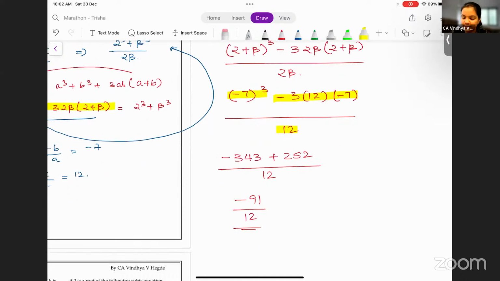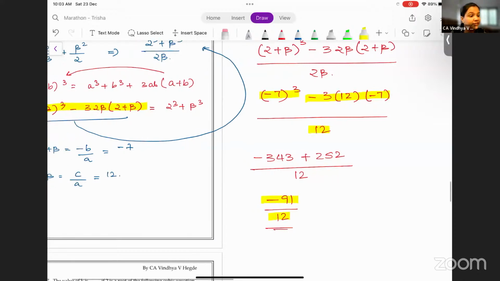By simplifying this, you get the value as minus 91 by 12. This is your final answer.